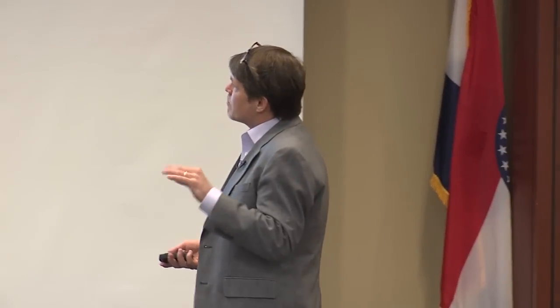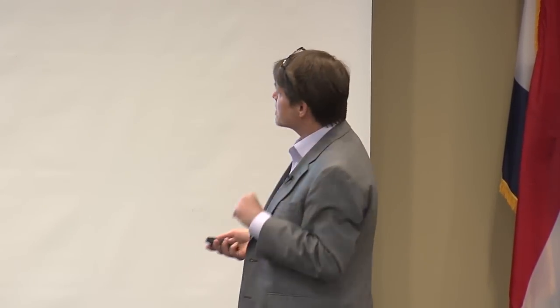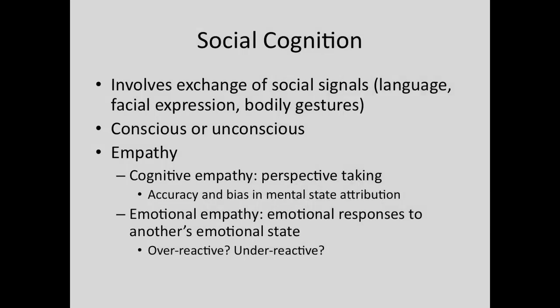So you have both senders of social signals and receivers of social signals. There are 2 parts to this. The social signals here would be language, your facial expression, bodily gestures. It's believed these can be conscious or unconscious. Hopefully your language is conscious, but certainly facial expression and bodily gesture might be unconscious.